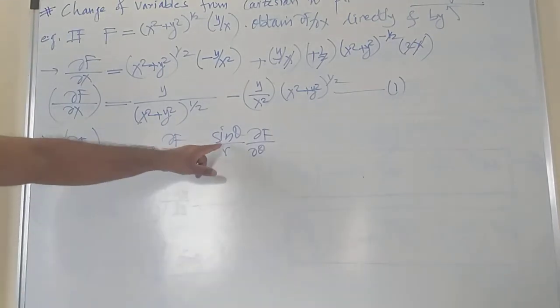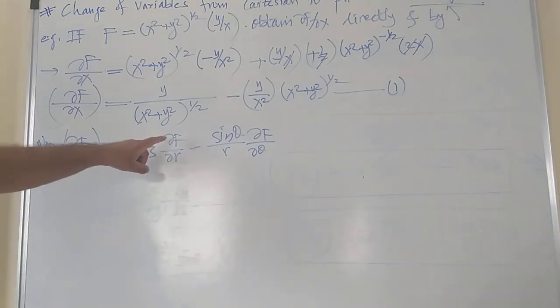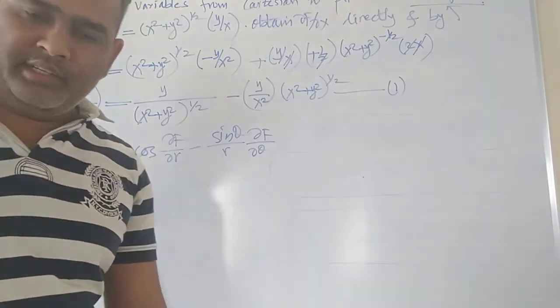Now cos and sin, these values are already with you. Now how to calculate this dou f by dou r? In order to calculate it, we have x equal to r cos theta and y equal to r sin theta. Got it?